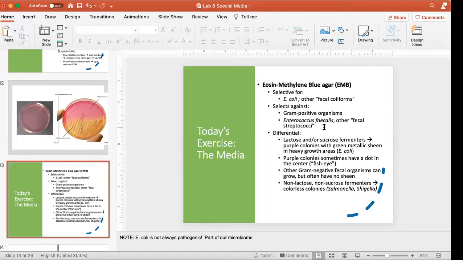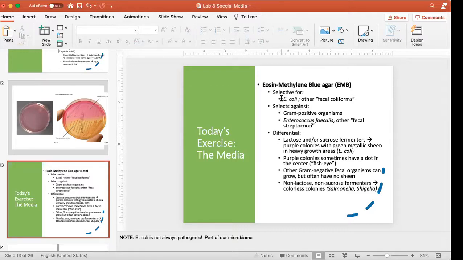Now, like MSA, EMB is selective and differential. It can tell the difference between different species or strains of the same kind of organism. Now, MSA has mannitol in it as a sugar. EMB has two sugars in it. It has lactose and sucrose, two different carbohydrates.